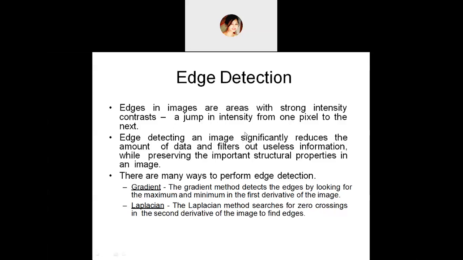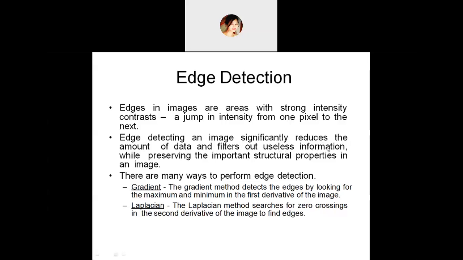There are different types of edge detection as well, so you'll get to understand this term then. Edge detecting an image significantly reduces the amount of data, and it filters out useless information while preserving important structural properties in an image. It significantly reduces not just all the amount of data, but whatever data is redundant.